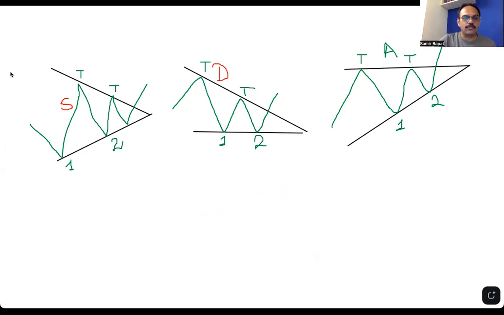Now, what is the target? As per the triangle theory, whatever points are between the highest top and the lowest bottom, you have to measure the distance between the two. This is the distance.